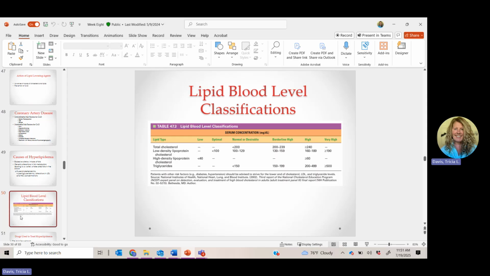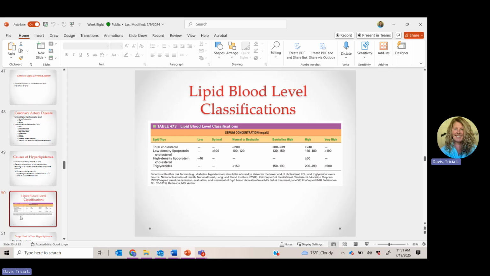Our high density lipoproteins, our HDL, this is our good cholesterol. We want more of this, okay? We want this to be greater than or equal to 60. Anything less than that tells us it's not good. How can we increase our HDL? One of the main ways is by exercise.